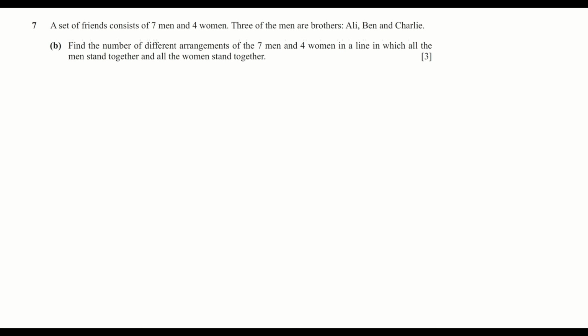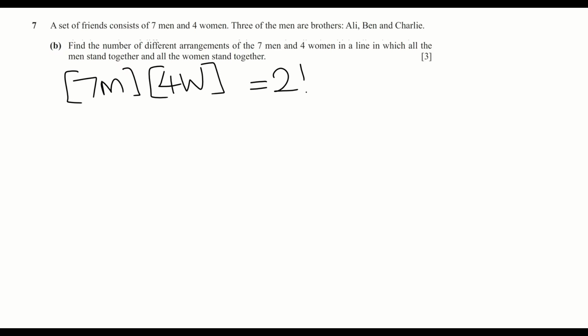Find the number of arrangements of the 7 men and 4 women in a line in which all the men stand together and all the women stand together. Let's put 7 men together over here. Let's put this into a bracket. And 4 women together. And this in a bracket as well. We have 2 brackets. So we have 2 factorial. There are 7 men in our first bracket.